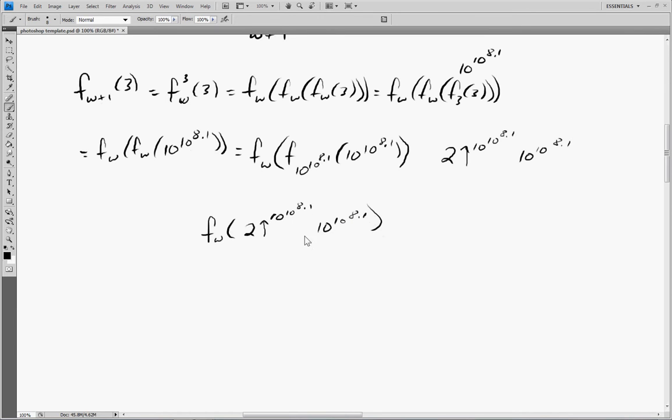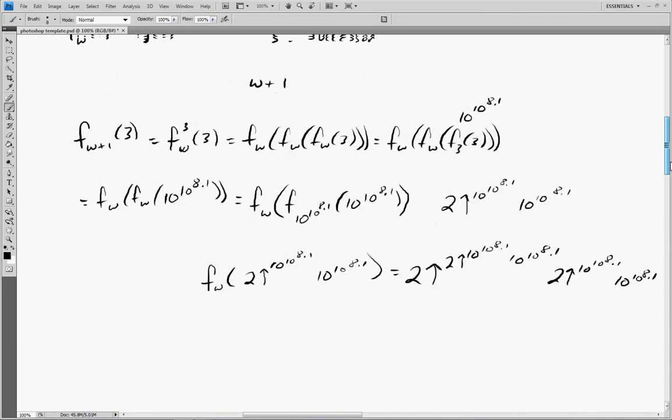And then we do this operation, which is equivalent to nesting this within another up arrow, since we have 2 up arrow and then 2 up arrow, 10 to the 10 to the 8.1 of 10 to the 10 to the 8.1 of this whole thing here. Gets a little messy writing it in this way. It's not really a great way of doing it, but just to give you an idea of how powerful something like omega plus 1 really is.